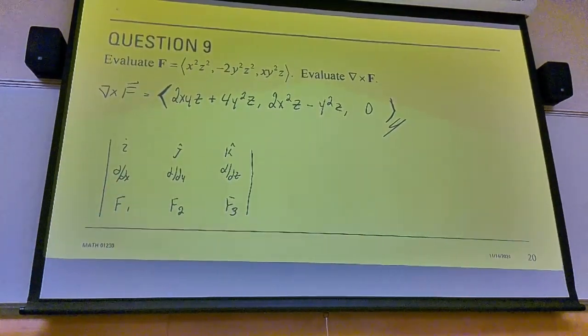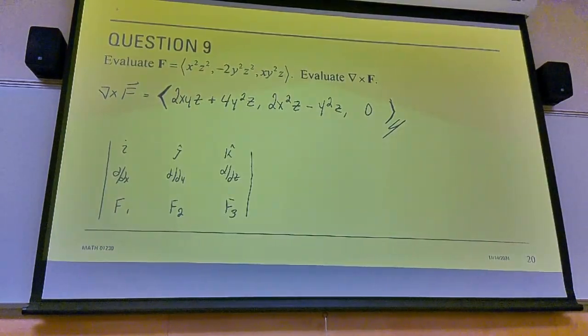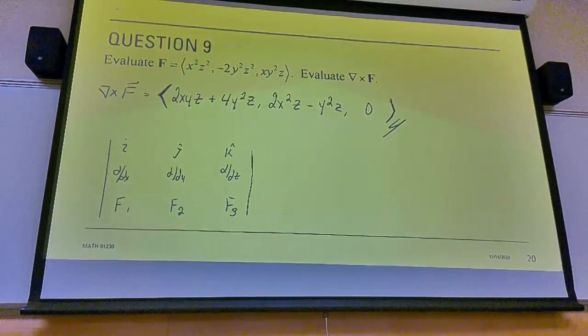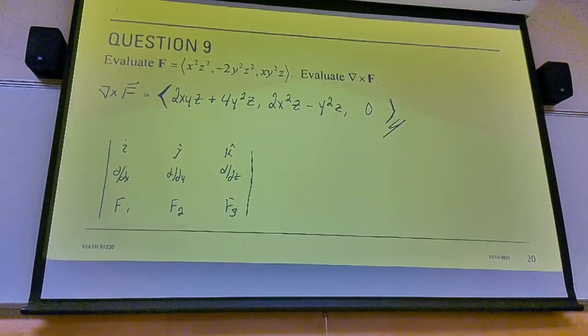And again, remember, we're not really doing multiplication, right? It's an operation on. So it's not partial x times f2. It's partial x of f2. But they behave so similarly.